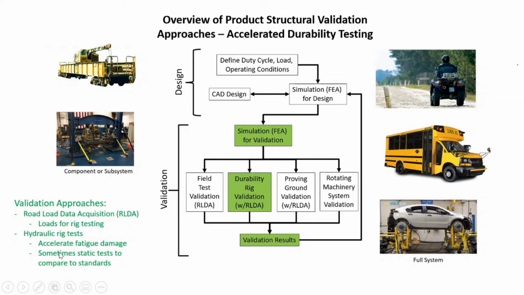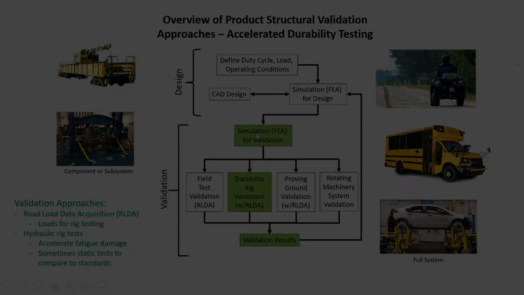The objective here is usually to do an accelerated fatigue damage evaluation. Most of the time, these loads are dynamic, but sometimes we've actually done rig tests where the loads are static, and we're actually trying to correlate those static loads to a simulation model.